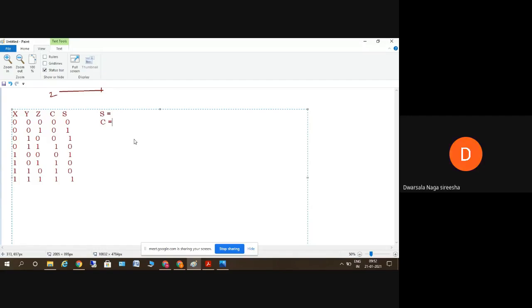X bar y z. C is where the C's are equal to 1 here. So for C, look here: x dash y z. 0 1 1. X dash y z, sir. X bar y z, sir.